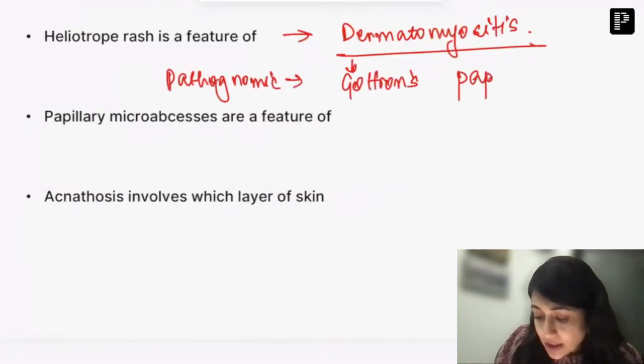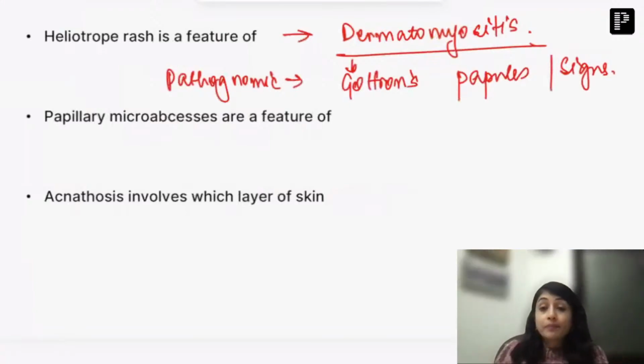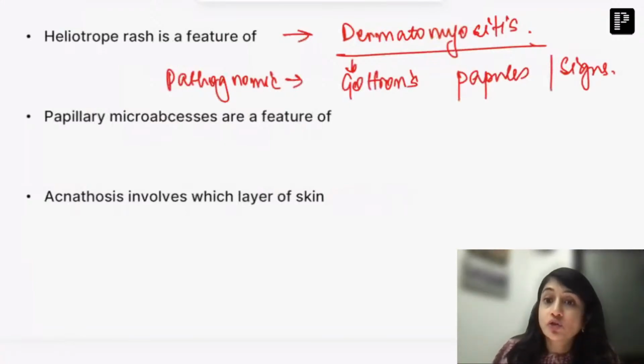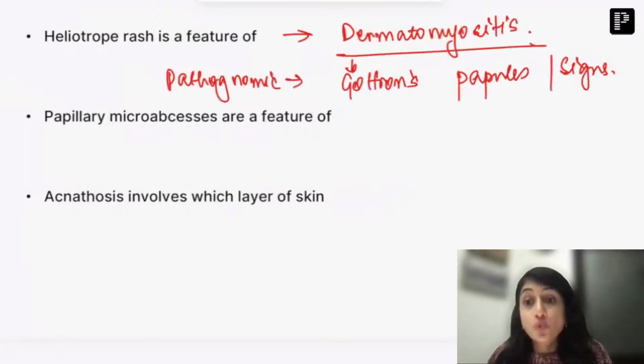So please remember, if in the question they ask you the pathognomic feature of dermatomyositis, and heliotrope rash and Gottron's papular sign are both given, please mark Gottron's papular sign because that is more pathognomic. Right? Great. Moving on to the next question.